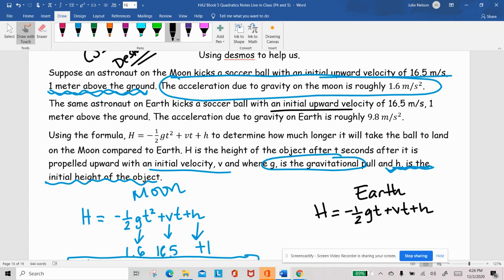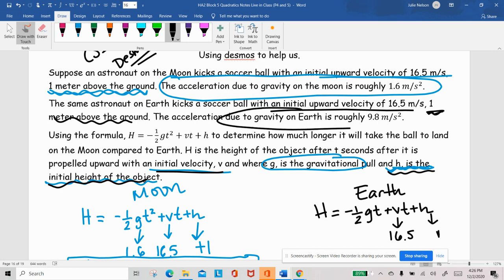So that is V. And 1 meter above the ground, remember, that's that initial height before the ball gets released, right when it's about to be kicked. And the acceleration due to gravity on the Earth is 9.8.